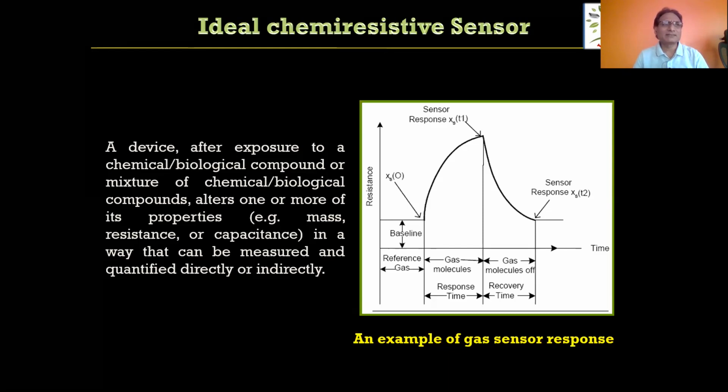But as far as our research laboratory and its infrastructure are concerned, we are focusing mainly on chemiresistive and chemfate for detection of various environmental pollutants like gases, and we are using electrochemical technique for detection of water pollutants.